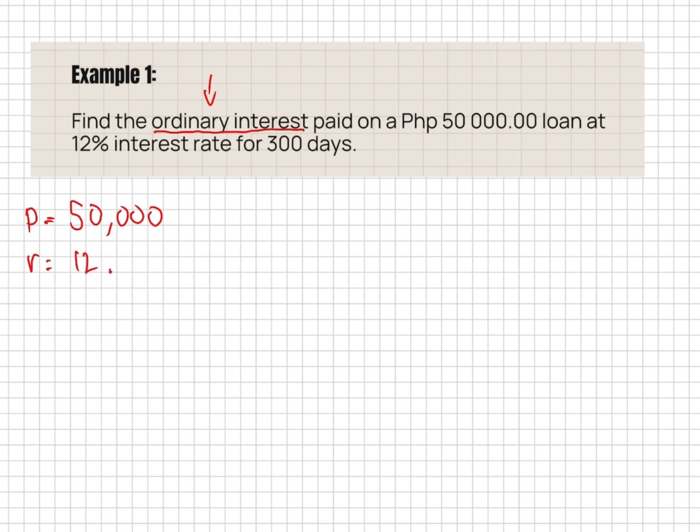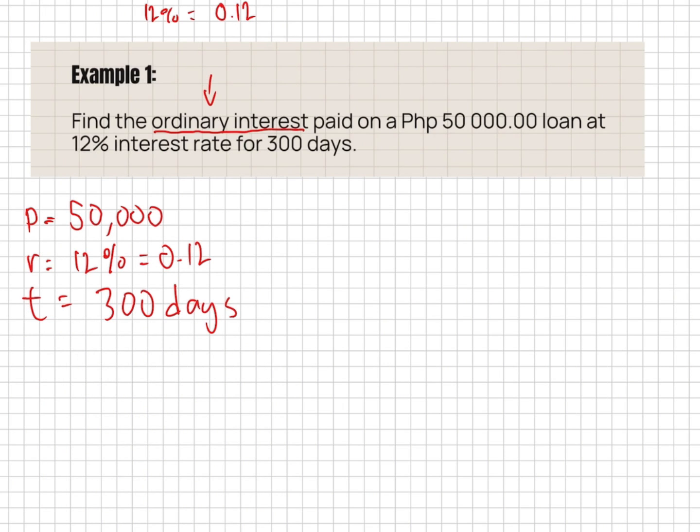Next is the rate, which is 12%, and we still need to convert this into a decimal. First, we have to move the decimal two places to the left. So it would be 0.12. And for the time, we have 300 days.